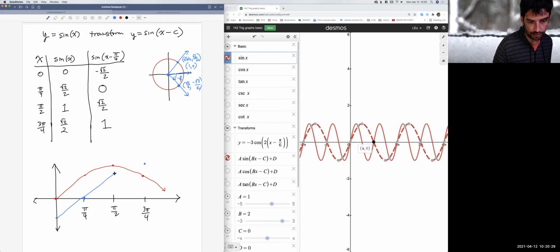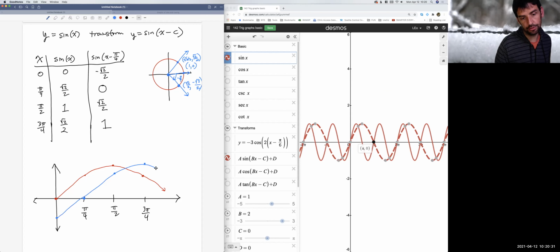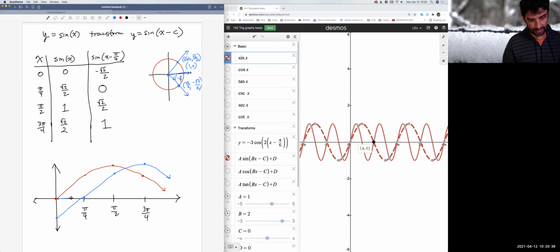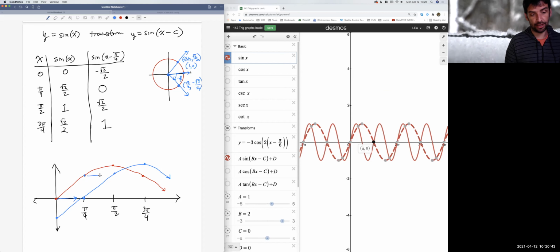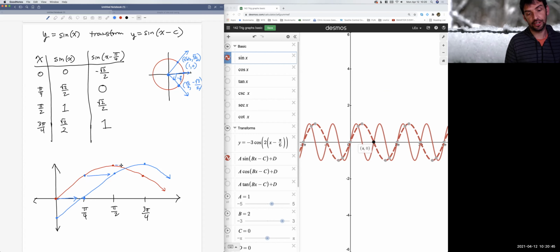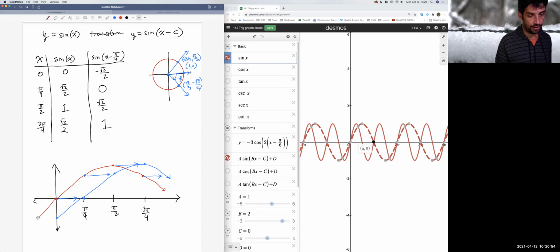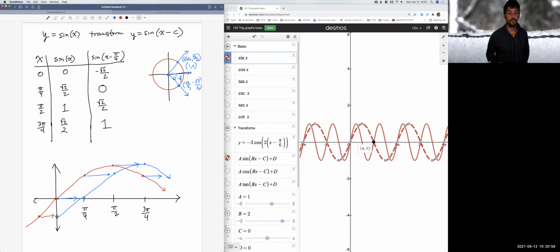So something like this, and if we had continued going, we'd see it would go on and on and on. So what has happened? This point that was at 0 has moved forward. This point that was at pi over 4 has moved here. We're getting this horizontal shift, right? If I had drawn in more of the original sine graph, we'd see a point over here shifting forward, okay?